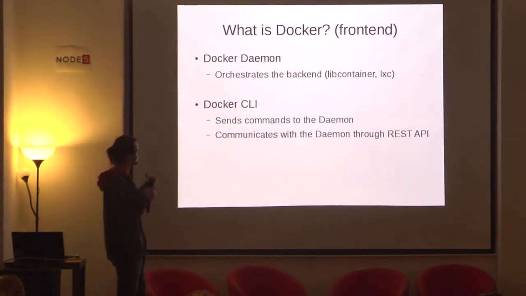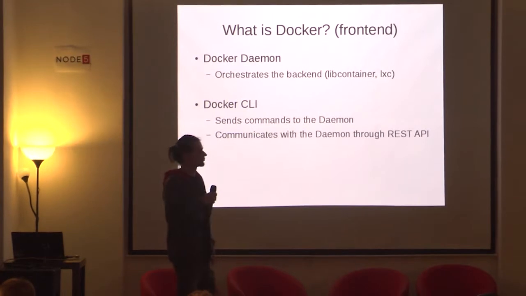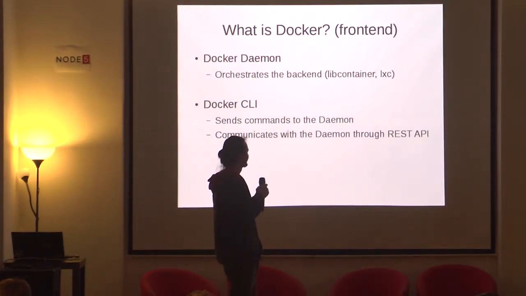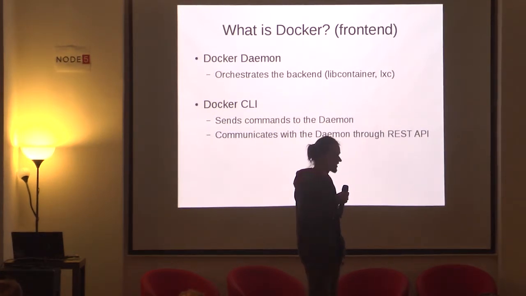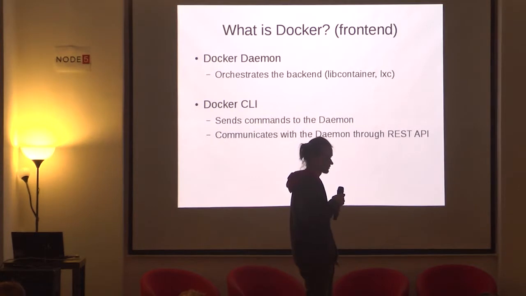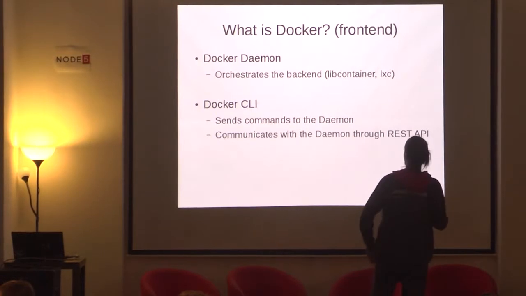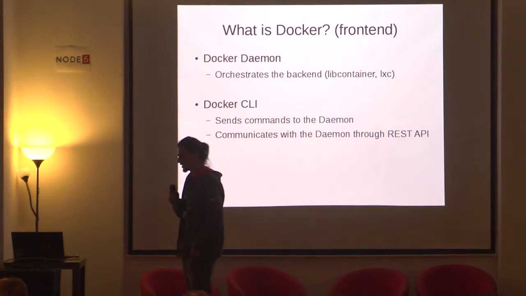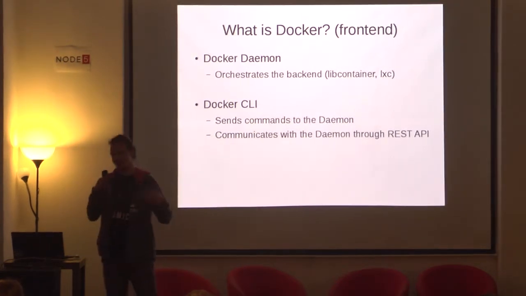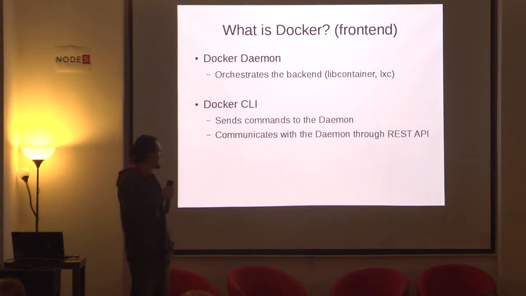So what is the front end? That's the thing that people actually send the commands to and work with. The front end is split into two parts. One part is the Docker daemon that runs as root, and it's just the service that starts the containers on behalf of the Docker CLI, which is a command line interface that basically allows you to do anything that you can also do with the REST API.